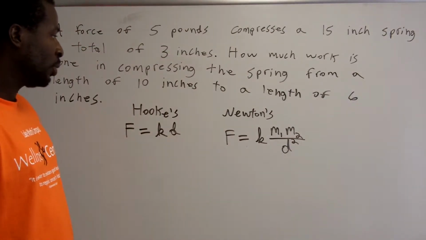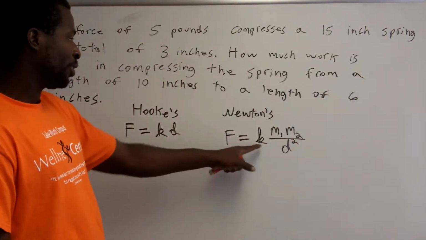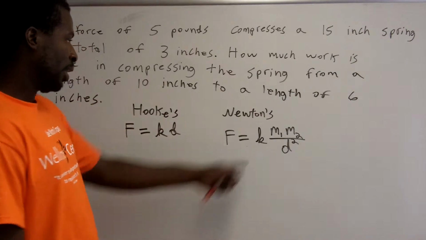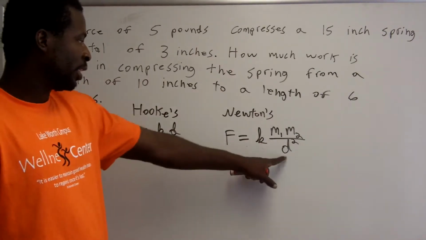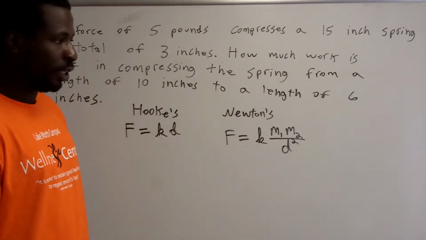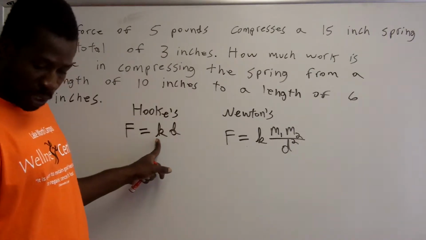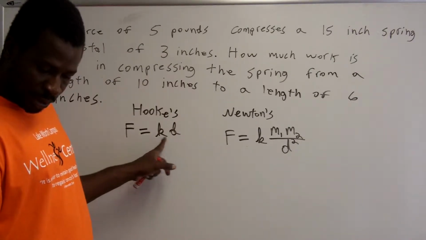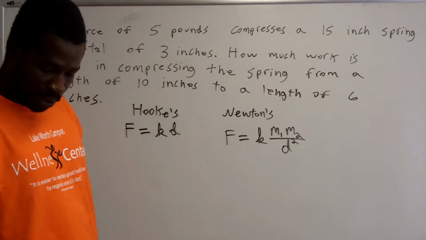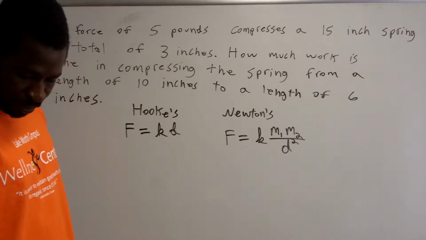And that is Newton's law. Notice the force involves a constant and a distance. It involves other numbers too, but the constant and the distance are also present over here. This is the spring constant. This is the universal gravitation constant.